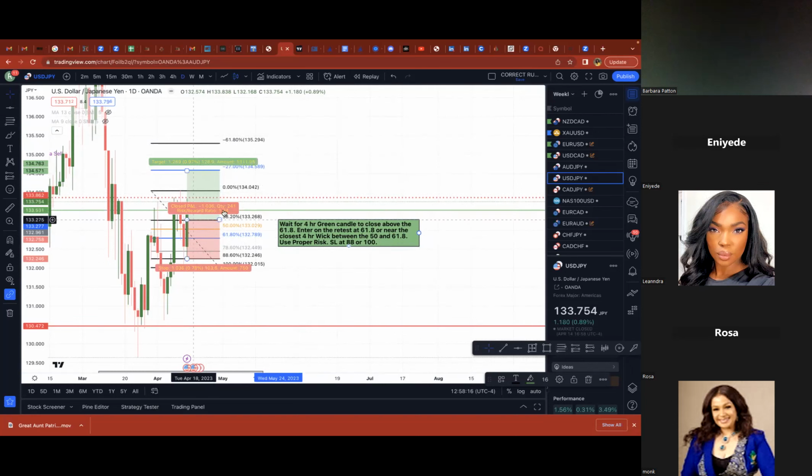So we have a clear buy on the chart, but always wait for confirmation still. If you want to increase your chances of winning, just wait for the confirmation. Don't go and chase it unless you want to.